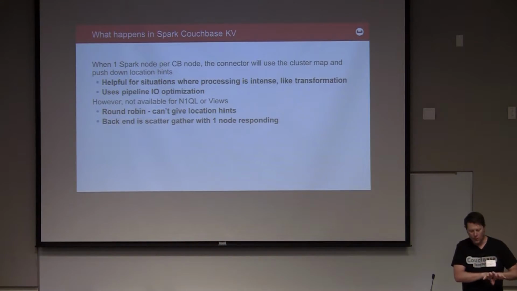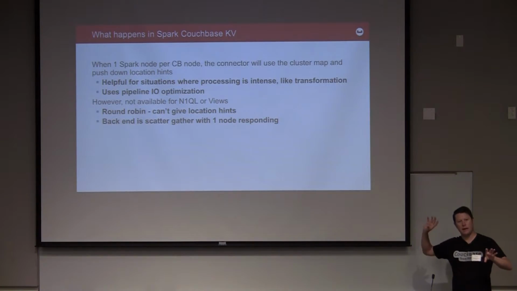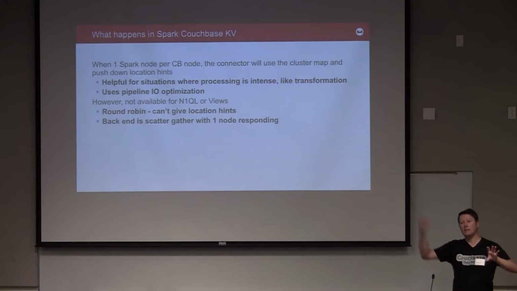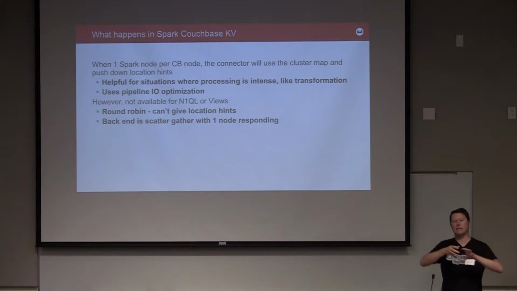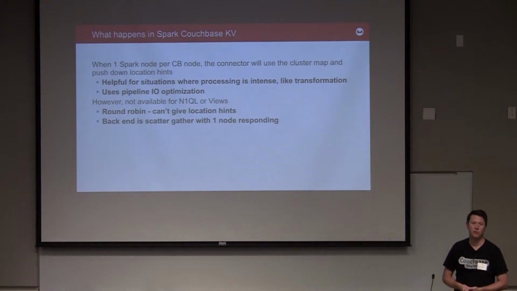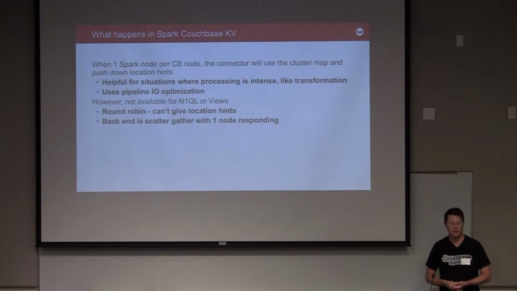When we do that, we have the ability to take that accessing of KV, that accessing of those JSON documents as RDDs, and access them on the local node and operate with them on the local node. So we don't have to transfer everything across the network, so we can operate with very high throughput and very low latency when we're analyzing data.